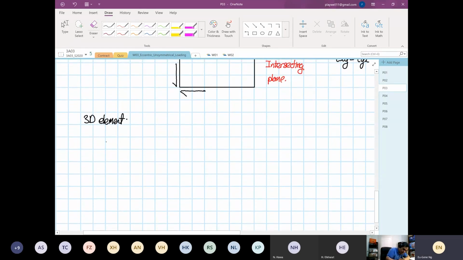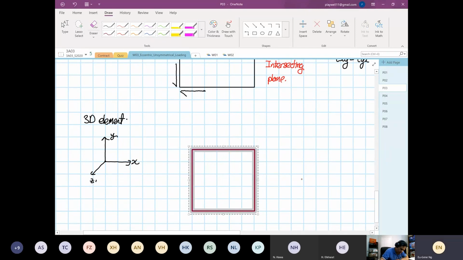In 3D, this is our transformation now: X, Y, and then we have our Z direction. Now we're going to draw a cube. We're going to construct a cube. Right, so this is our cube.